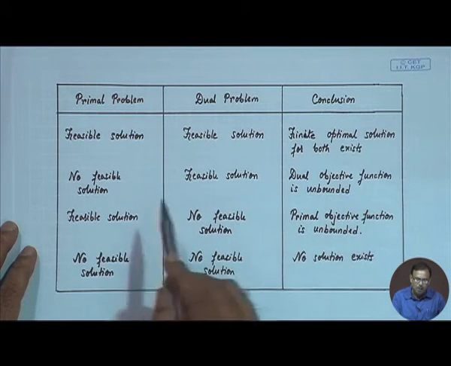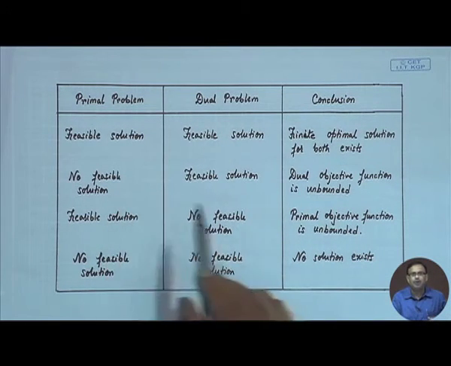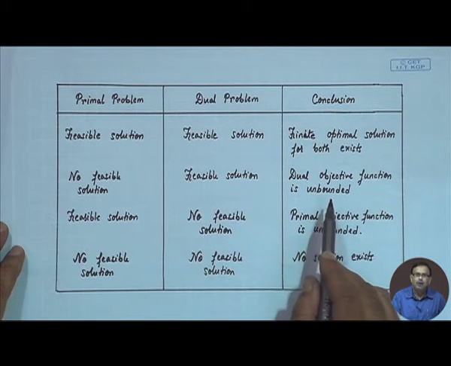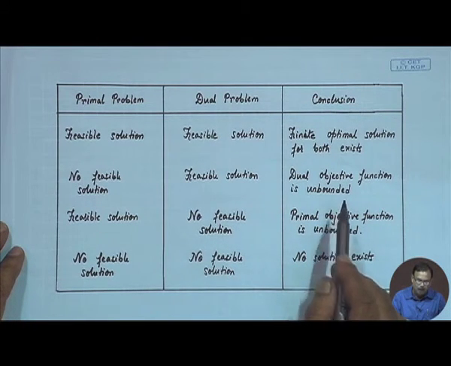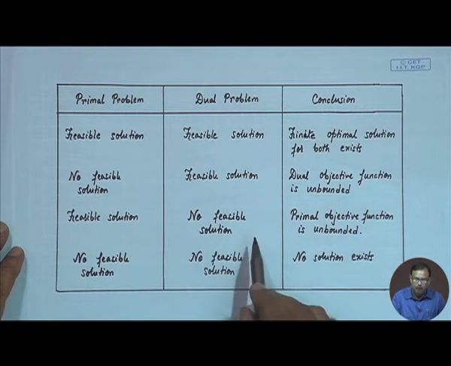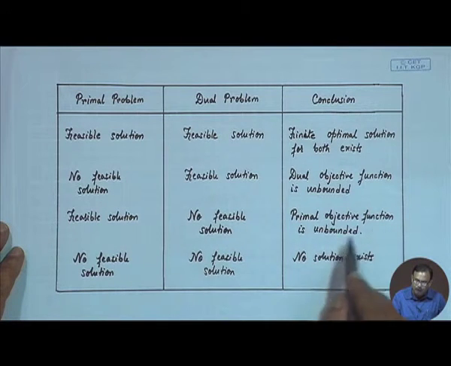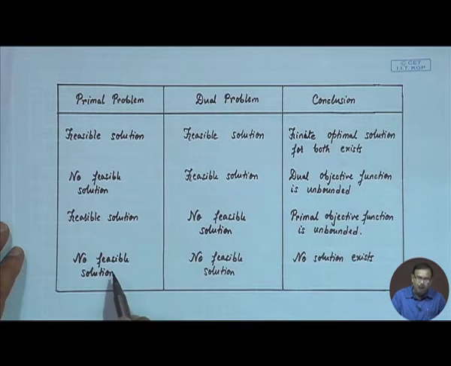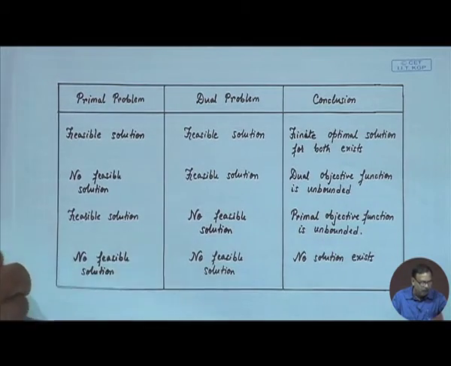Please note this one. Similarly, if primal has a feasible solution and dual has no feasible solution, in that case the primal objective function is unbounded. And if both the primal and dual have no feasible solution, then the conclusion will be that no solution exists for the problem.